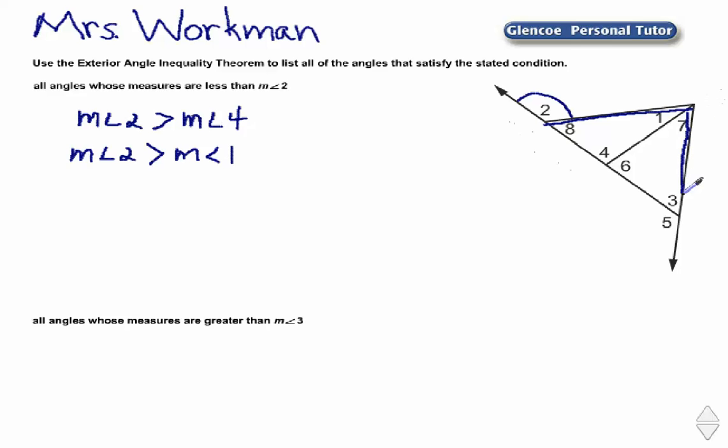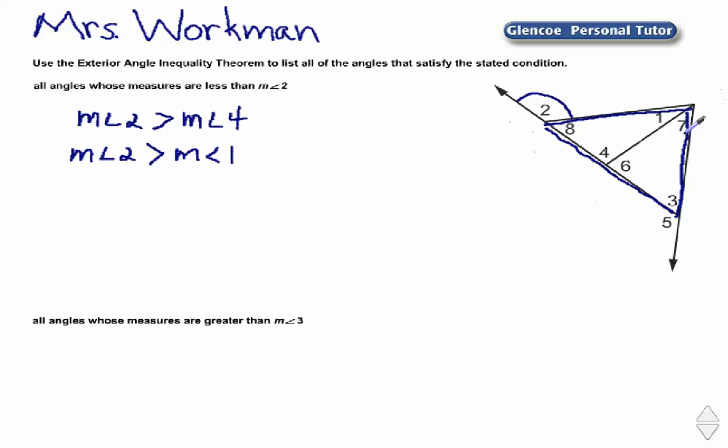Again, I'm just sketching it in so you know where we're looking. Angle 2 is an exterior angle. Notice that in the larger triangle, angle 3 is one of its remote interior angles. And this angle right here, which is angle 1 plus angle 7, is its other corresponding remote interior angle.